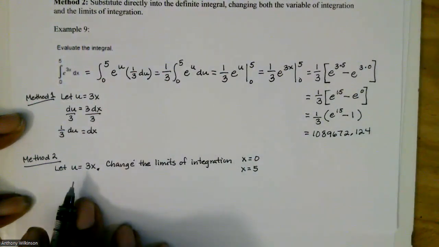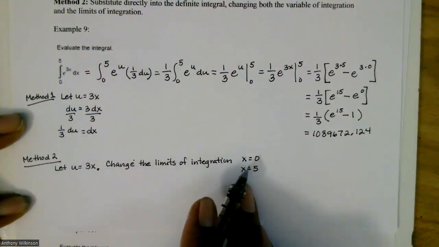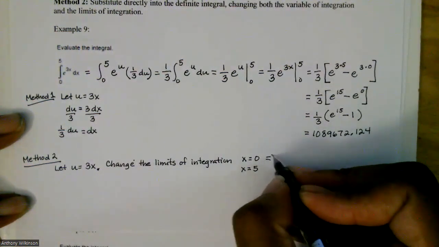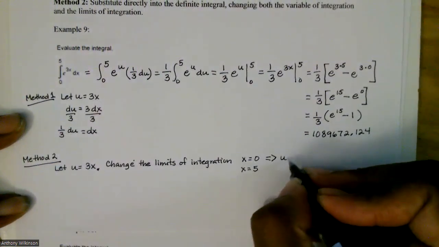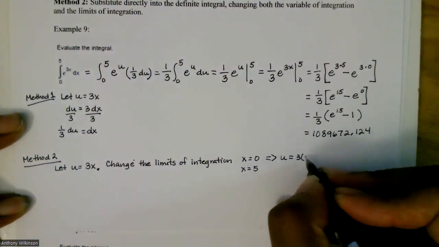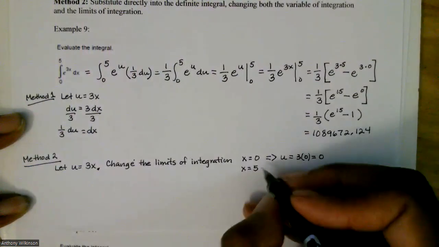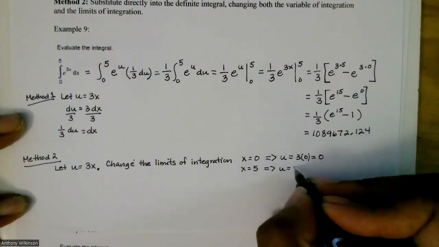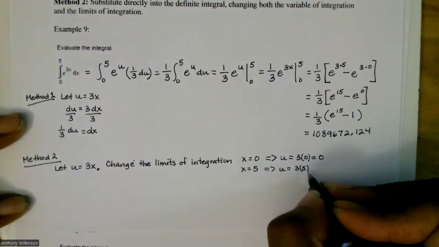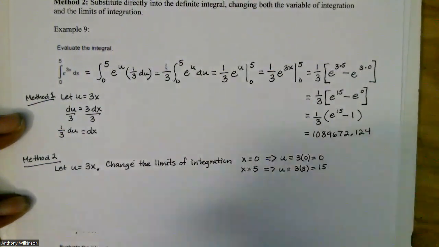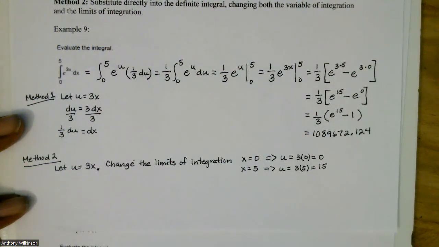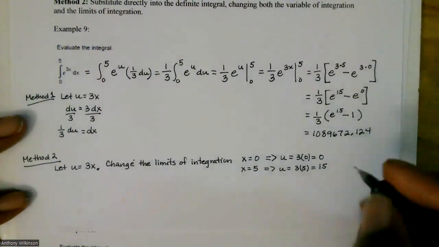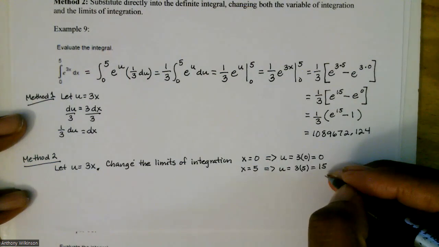Well, if we let u equal 3x and x equals 0, that would mean u is equal to 3 times 0, which is 0. And if x is equal to 5, that would mean u is equal to 3 times 5, which is 15. So our new limits are going to be from 0 to 15.